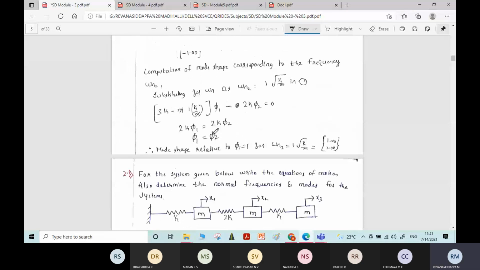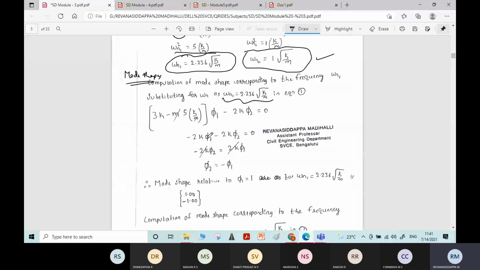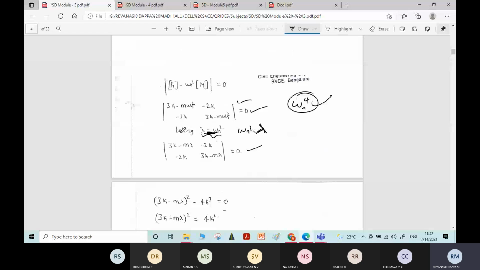When you do the simplification, finally you will get the expression for pi 2 in terms of pi 1. Here I will give you one hint for easier substitution and simplification of this step. The equation we have here is 3k minus m omega n square into pi 1 minus 2k into pi 2 equal to 0.